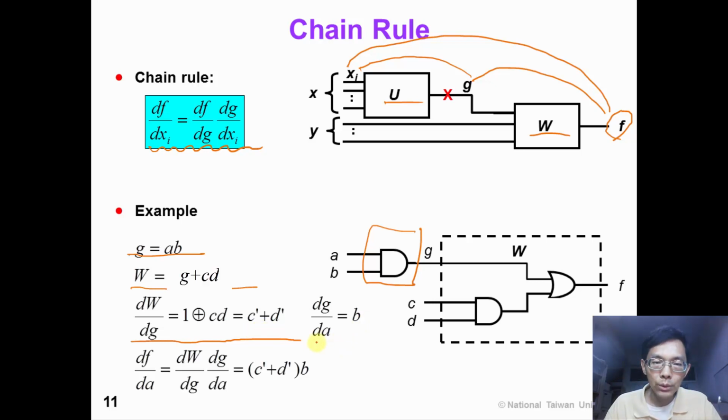And then we take the Boolean difference dG over dA, which is B. So dF/dA is equal to dW/dG times dG/dA. So that would be (C prime plus D prime) times B.